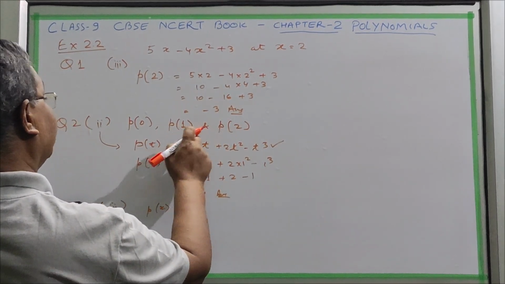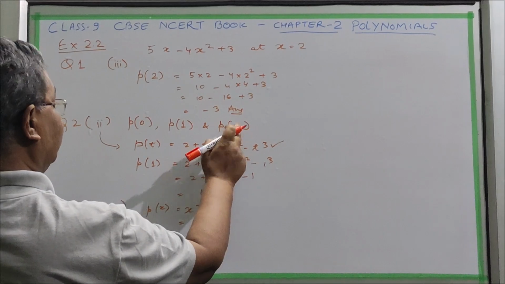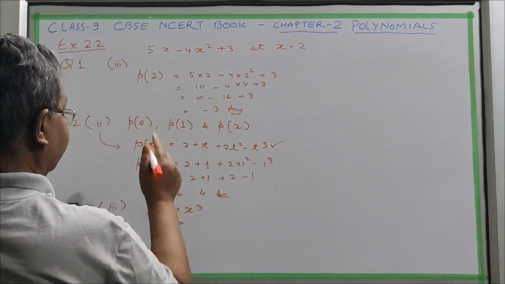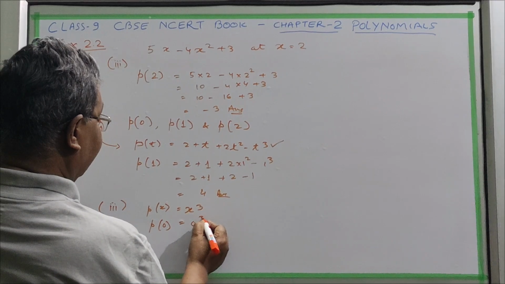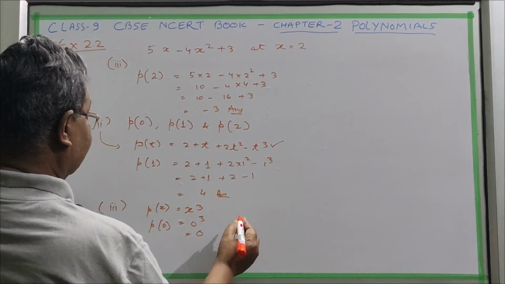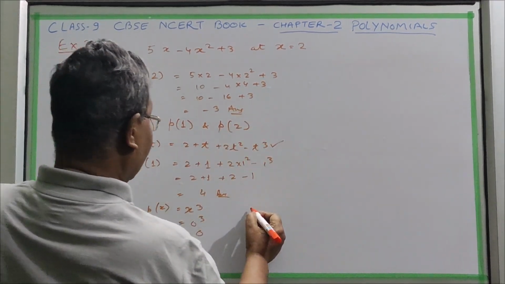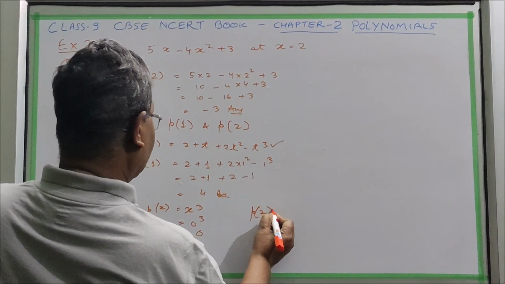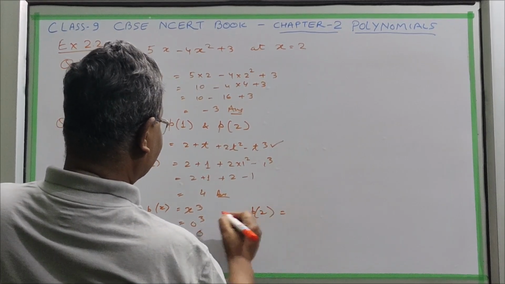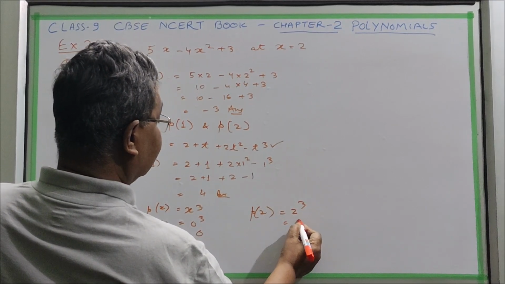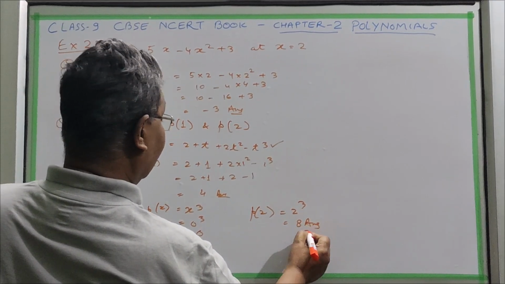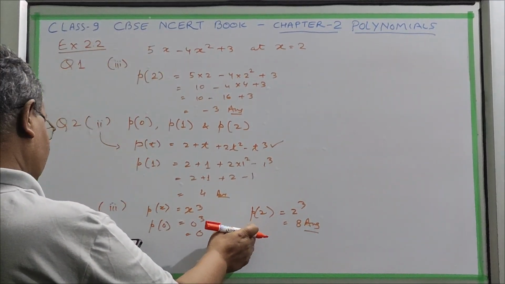Last time we have taken P(1), now we will take P(2) or P(0). P(0) means 0^3, the answer will be 0. And if you take 2, P(2) will be 2^3, which is equal to 8. This will be your answer. In this way you can solve others also.